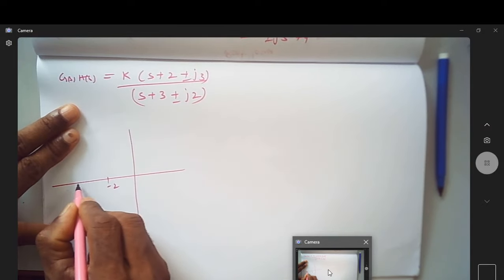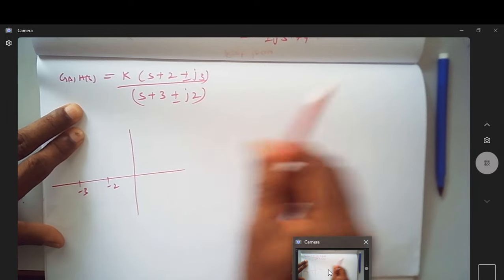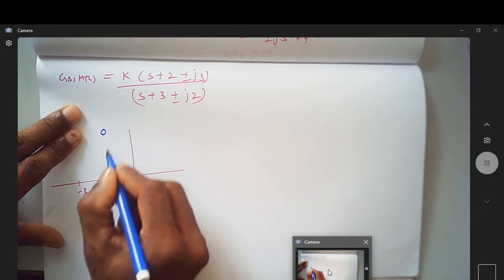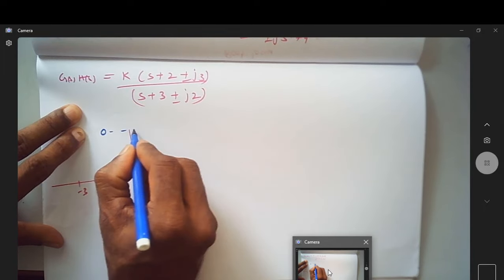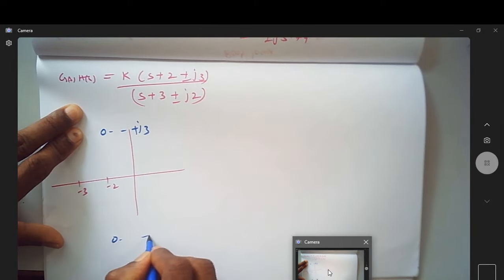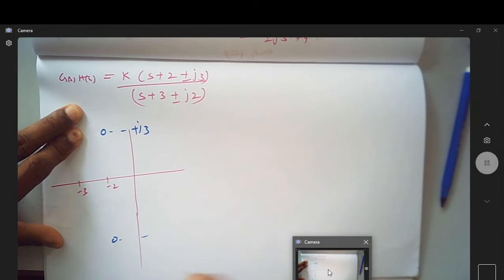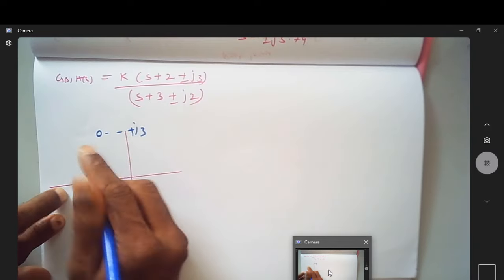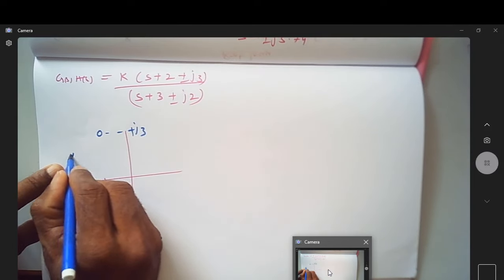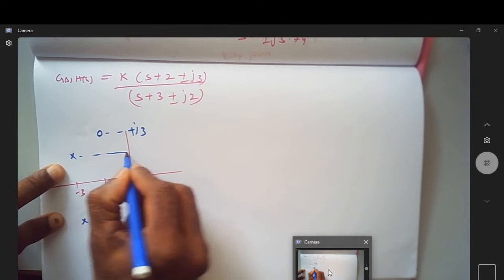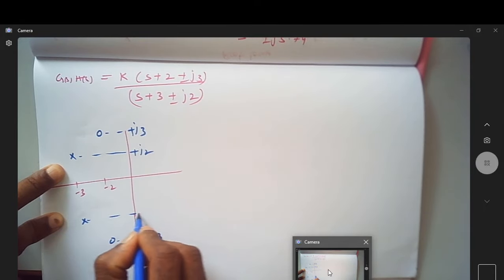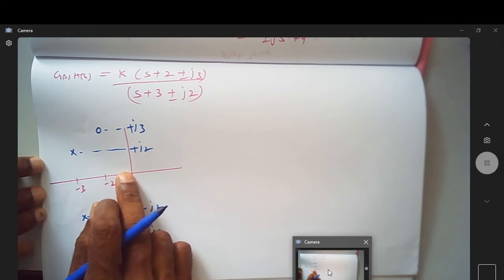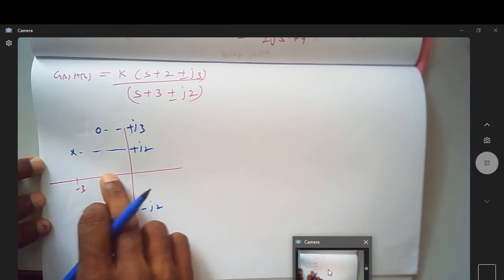If it is minus 2, if it is minus 3, then the zero is at plus j3 and minus j3, and of course my poles are somewhere here, at plus j2 and minus j2. Now we know that since there is nothing on the real axis, there is no question of root locus on the real axis.